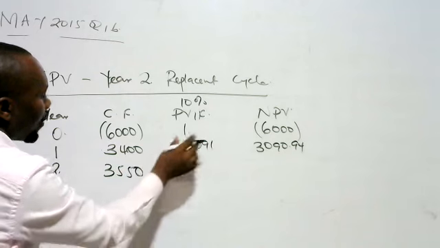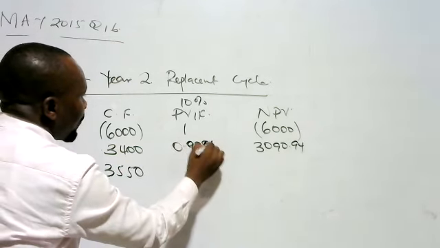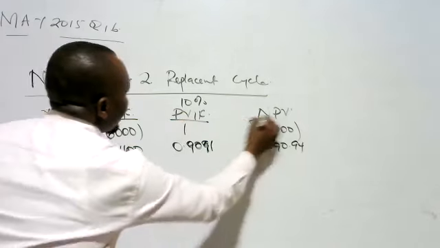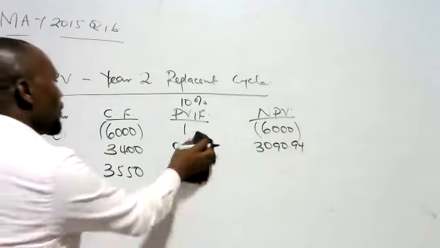3550. What is now the new discounting factor for year 2? Discounting factor for year 2.